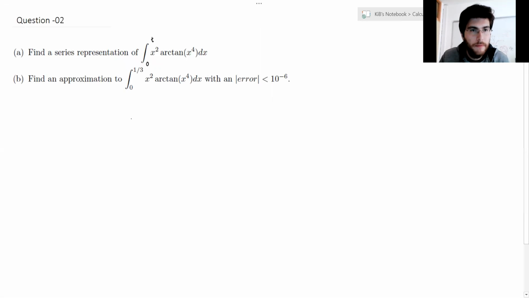Okay, next one. So let's see. Let's try to understand this problem. This is another application. For instance, you may have certain integrals that you may not compute exactly by using elementary methods.